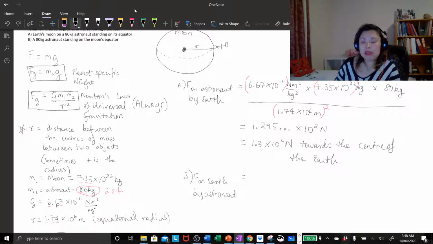That's going to be equal and opposite to the force on the astronaut by the moon. So that will equal negative 1.3 times 10 to the positive 2 newtons. And then if we wanted to get rid of the negative because we want to put a direction, it'll be 1.3 times 10 to the positive 2 newtons, and it'll be towards the center of the astronaut.